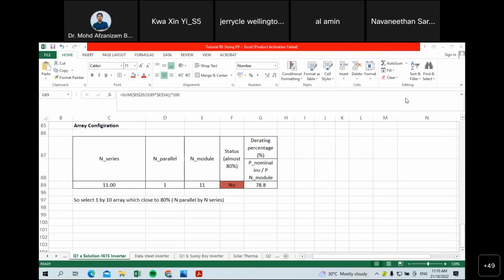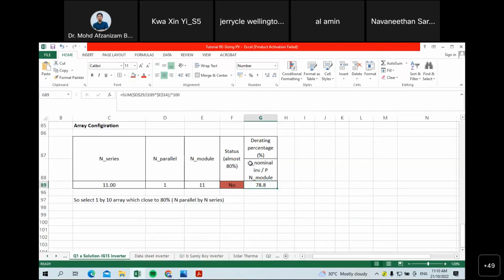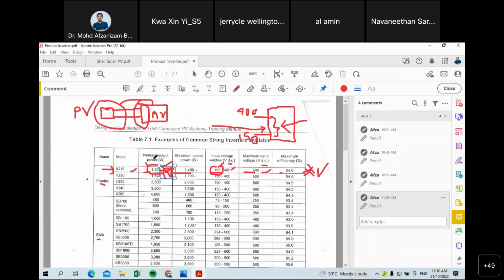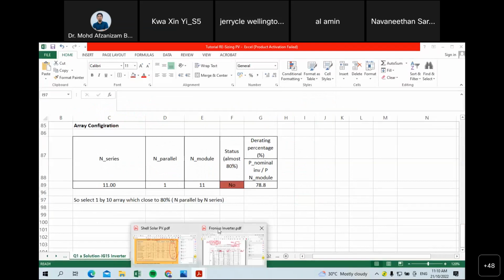P nominal inverter is 1,300 from here. This P nominal inverter, you get from this one. You take it back from this one, 1300. And then the P nominal of the module is 11 times 150, because one of your modules is 150.